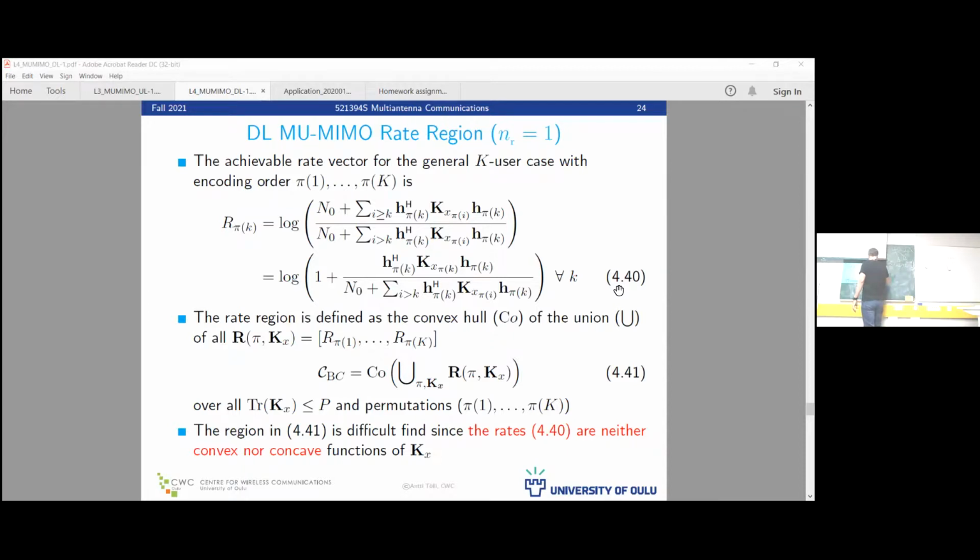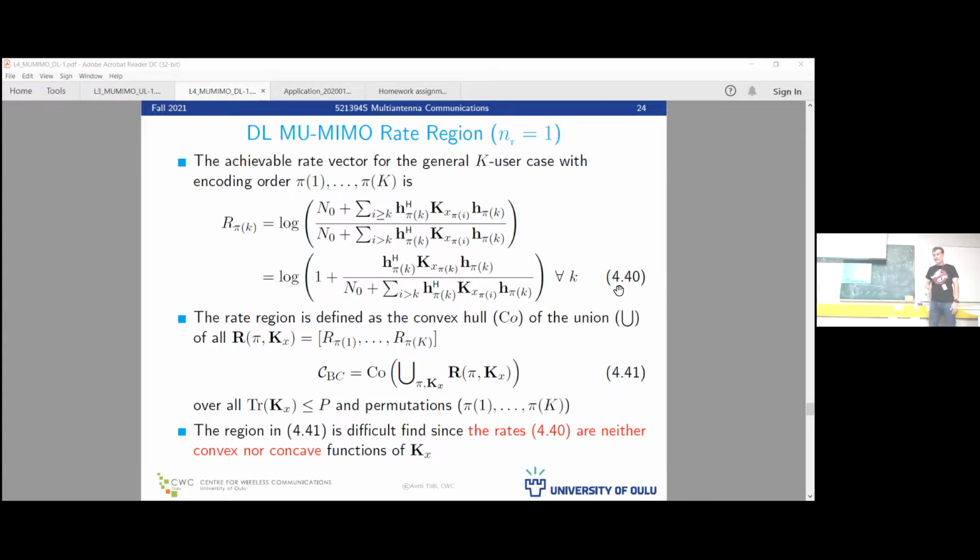So we can ask again the usual mutual information between XK and YK given, in the encoding order 1 to capital K, given x1 to xk minus 1.